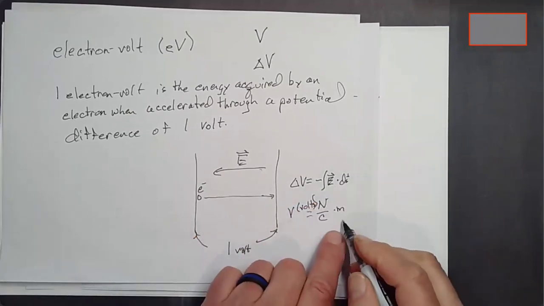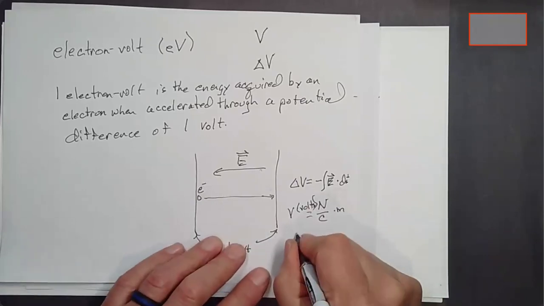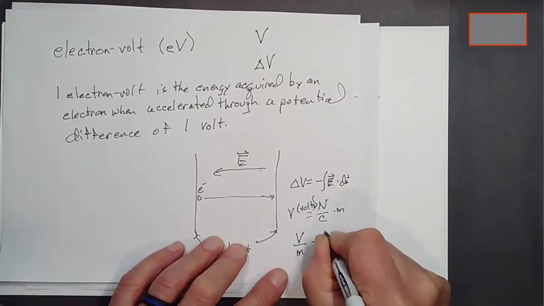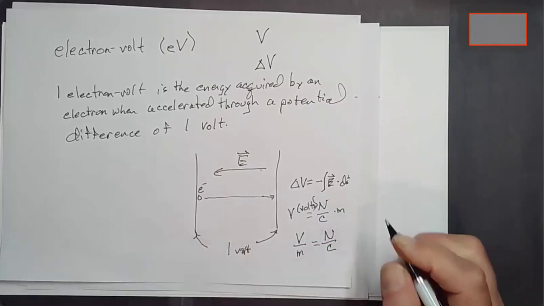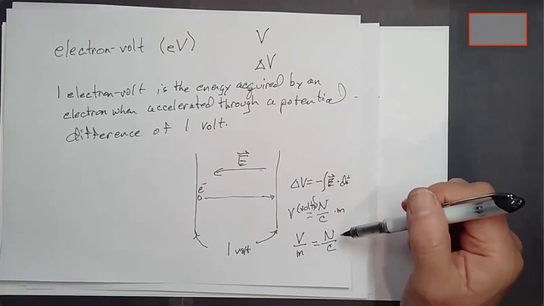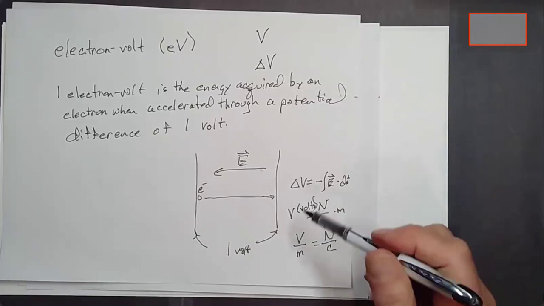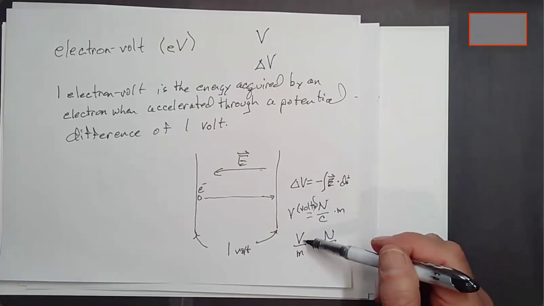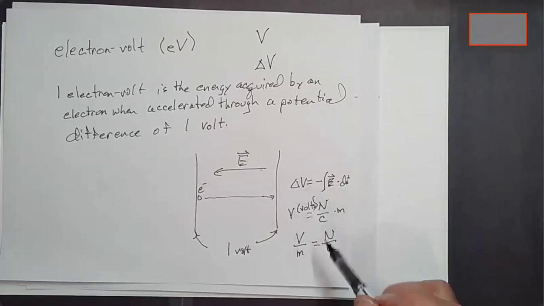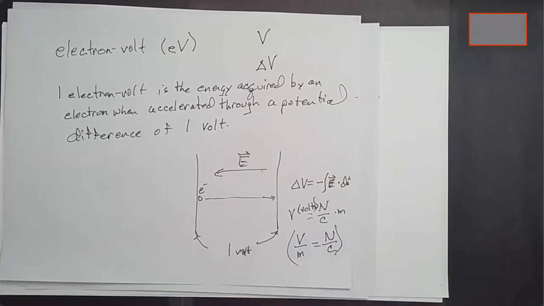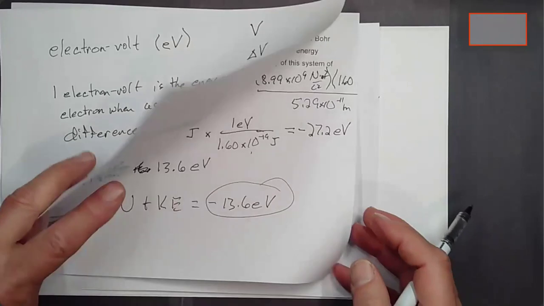Well, if we divide both sides by a meter, I get that a volt per meter is equal to a Newton per Coulomb. And so we can measure an electric field in either newtons per coulomb or volts per meter. They're identical. And it's actually more common to measure electric fields in volts per meter than in newtons per coulomb. So keep in mind that these two things are the same, and so we can hop back and forth between those.